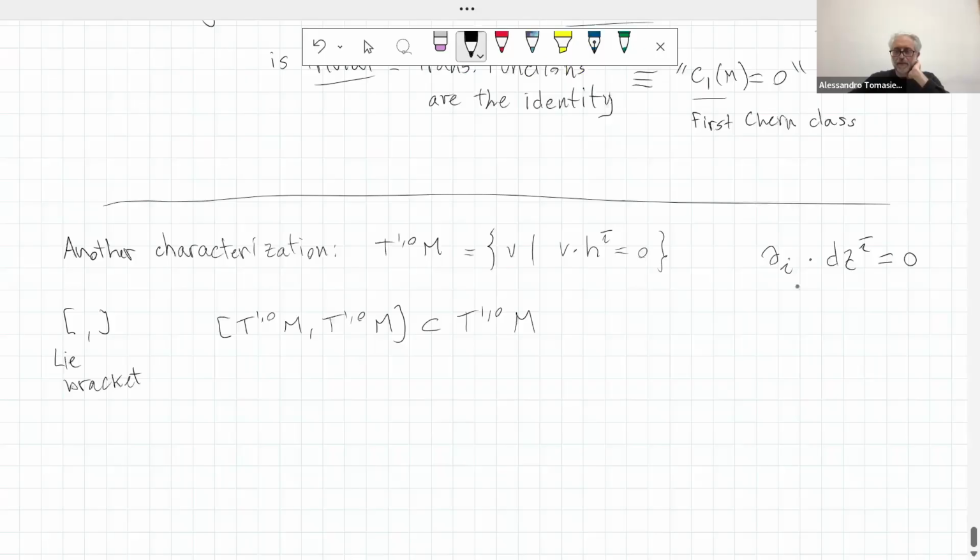And why did I say that I feel obliged to say this? Because there is a language in which, if you impose this in real coordinates, you will find something called the Nijenhuis tensor.